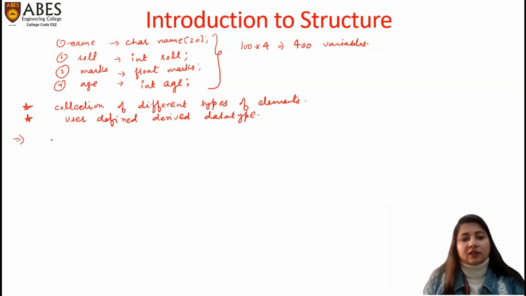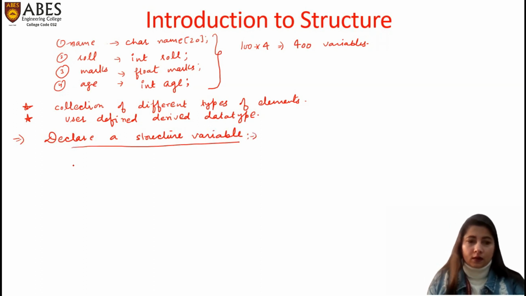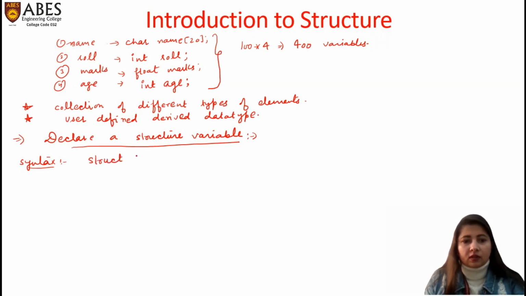So first we will discuss how to declare a structure variable. The syntax for the same would be: the keyword used will be struct. Then we'll write the tag name.